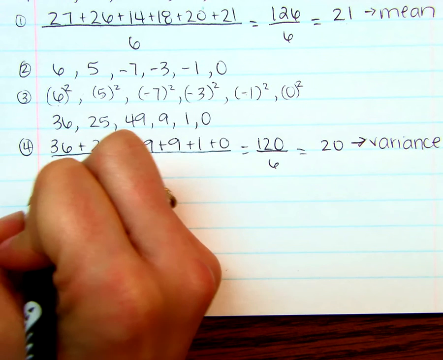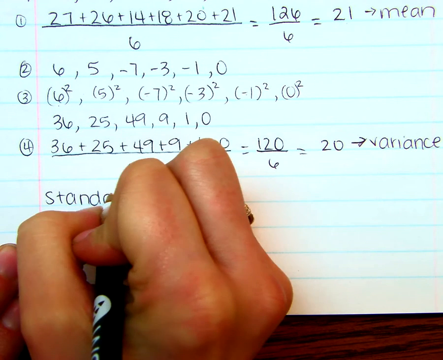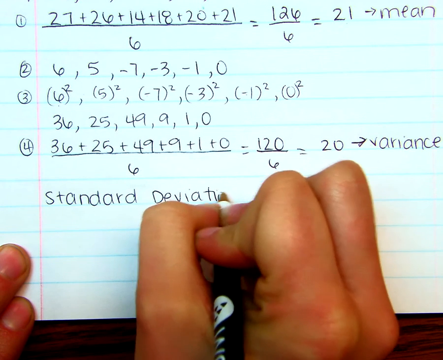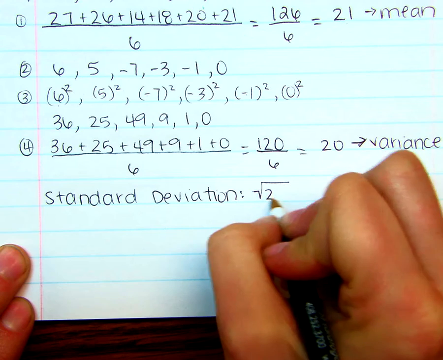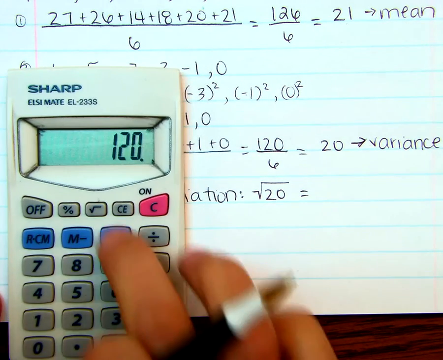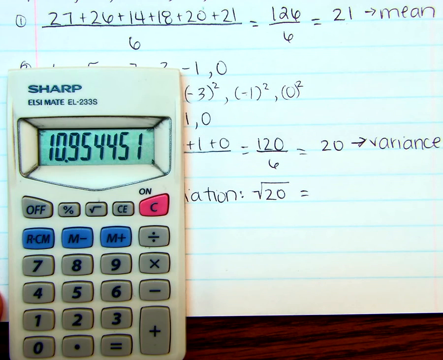So to find our standard deviation, we're going to take the square root of our variance. So let's get our calculators back out. We're going to press this button right here, square root.